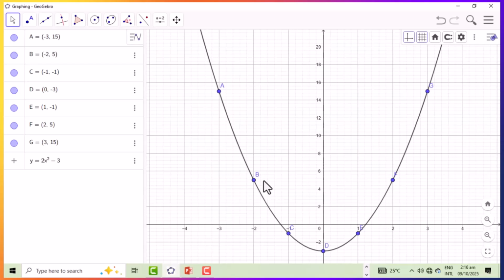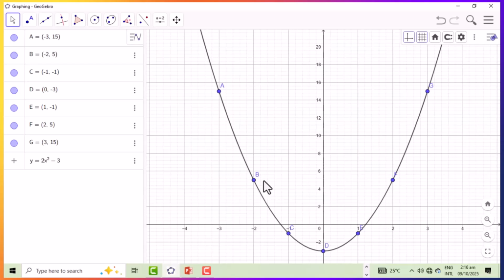Okay, so from our diagram, from the parabolic shape, we could see that the graph started here, and then at point D it turned. So the values of y were decreasing, and then at point D it turned. So this is the turning point of the graph, and that point is the minimum, which is the least.